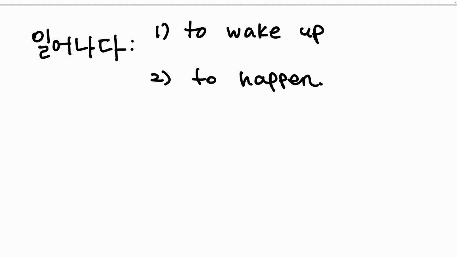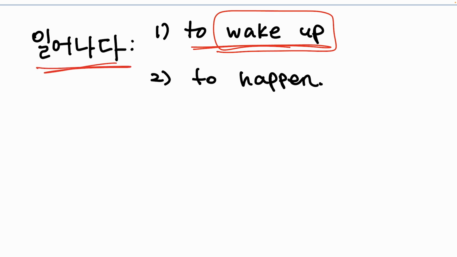And when you wake up, you just wake up, right? The subject wakes up. Of course, in English, wake up can also be used as a transitive verb because you can always wake someone up. But in Korean, 일어나다 only has the meaning of for someone to wake up, to do the action of waking up, not waking somebody else.